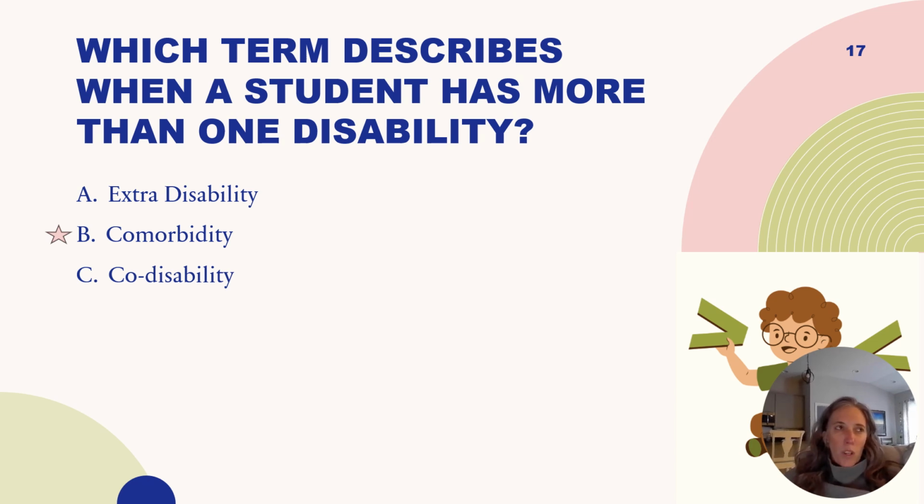For example, speech and language impairments commonly co-occur with SLD, ADHD, and autism. Also, students with ADHD have an increased likelihood of the comorbidity with a learning disability or another psychiatric disorder. So there's a lot more common connections between disabilities and other medical diagnoses, but these are just a few that I noted in my notes.